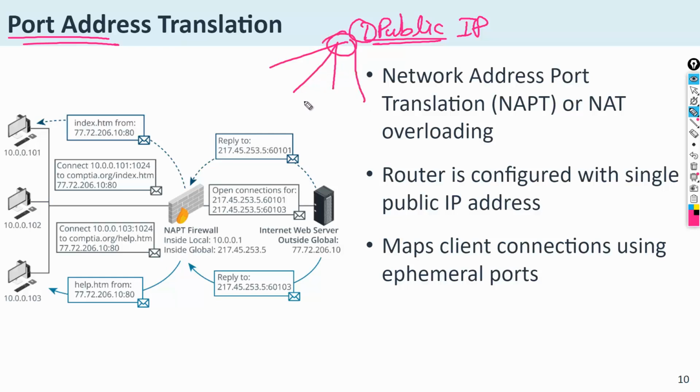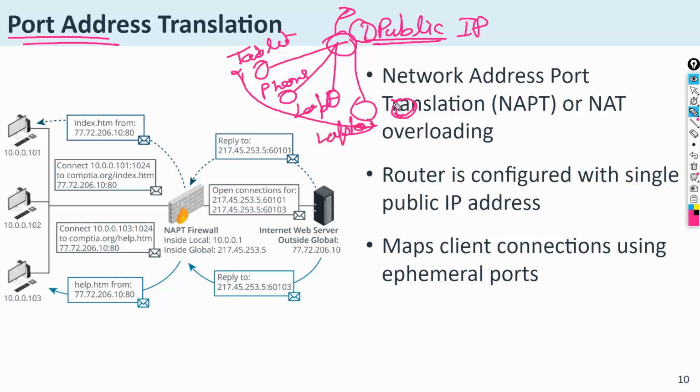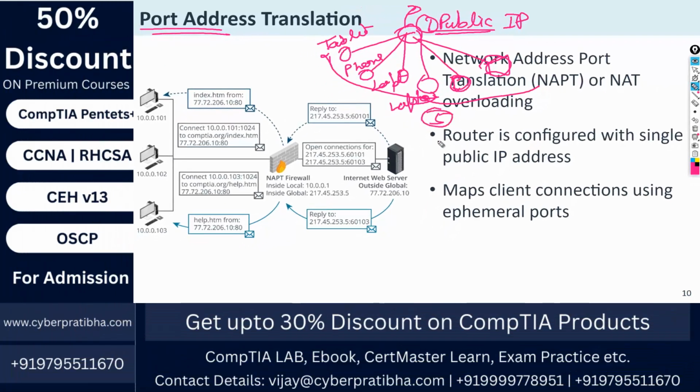For example, my router has a single public IP address, but I am running multiple devices in the LAN, like my tablet, my phone, my laptop, one other laptop, one desktop, and another mobile phone or something. There is a possibility you have 5 devices, and there is a possibility you have 100 devices in a LAN and more. It is possible.